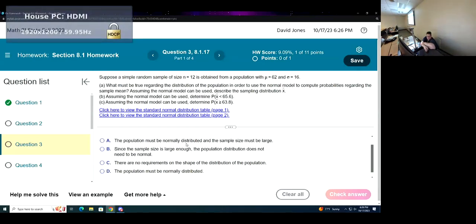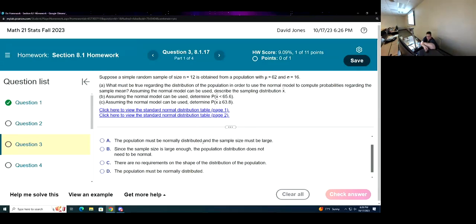So it says option A, they must be normally distributed and the sample size must be large. It doesn't need to be both. B says since the sample size is large enough, the population distribution does not need to be normal. For the n equals 42 case, that was the good choice. C, there are no requirements, which is false. There are requirements. D, since we didn't have a large enough sample, our population must be normally distributed.